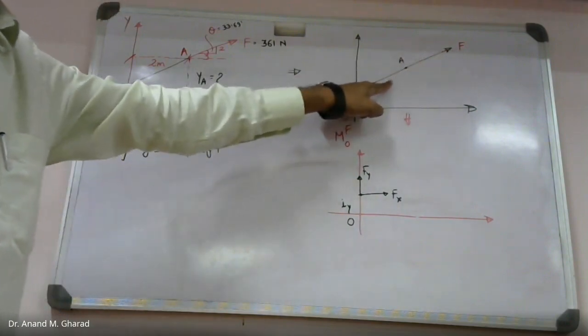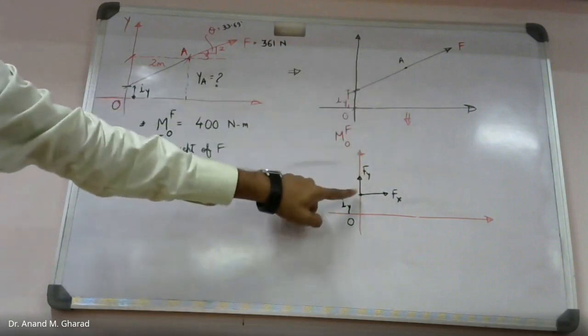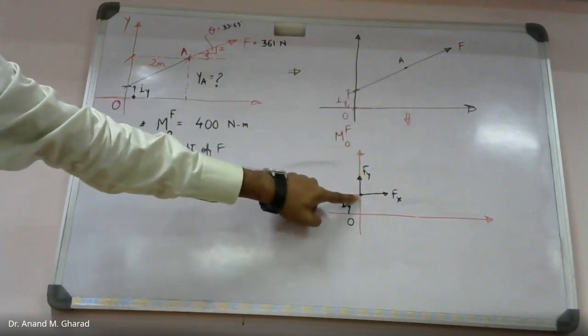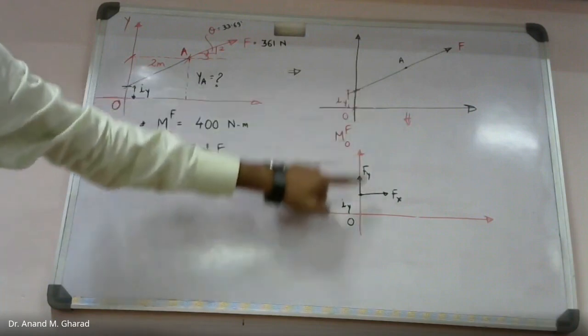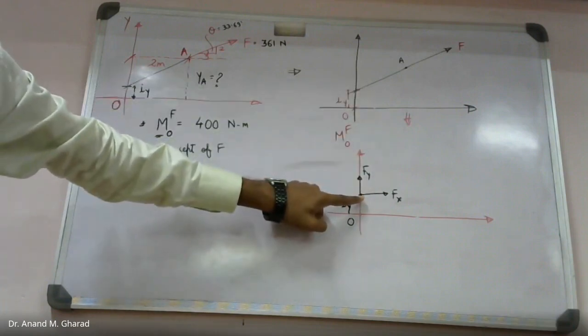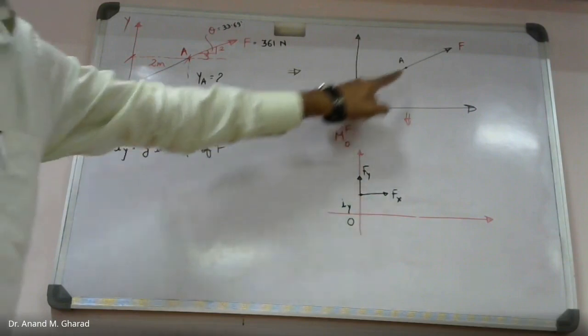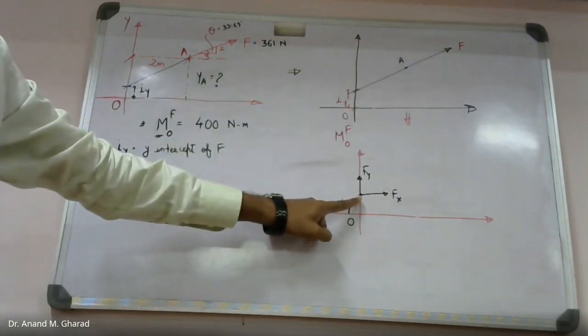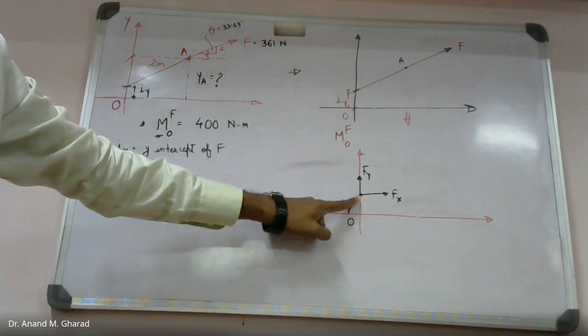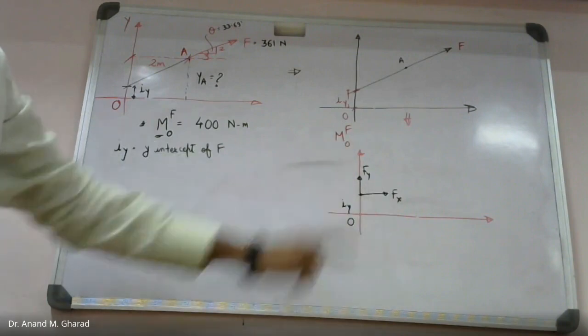It will be F throughout. And because of which, at this location, what will be the force? It will be capital F. But since the nature of this force is inclined, it will be resolved into components, so Fx and Fy, correct?